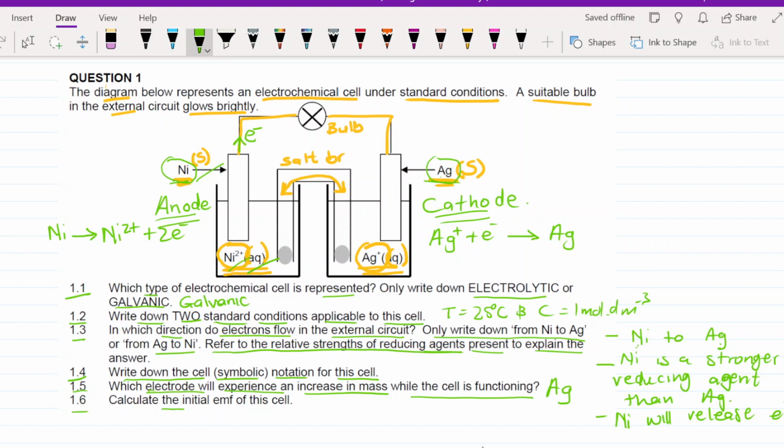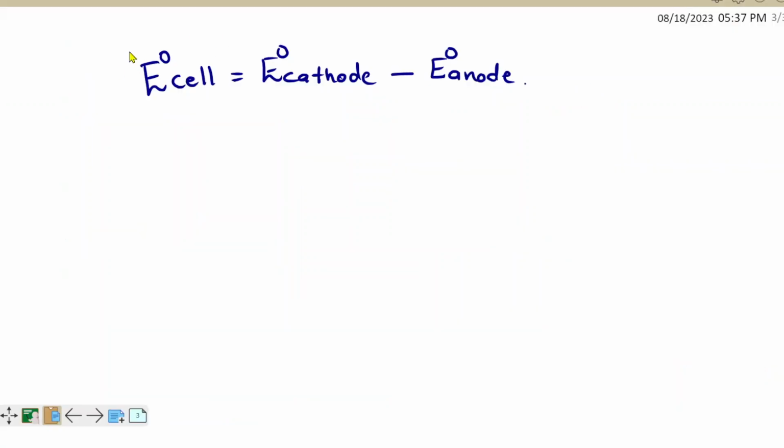1.6, calculate the initial EMF of this cell. This question is like 3 marks. So let's look at the formula that we're going to use to calculate the initial EMF of the cell. Okay, so this is the formula that you are going to use to find the E cell. This formula, you'll always get it in your data sheet at the back of your question paper.